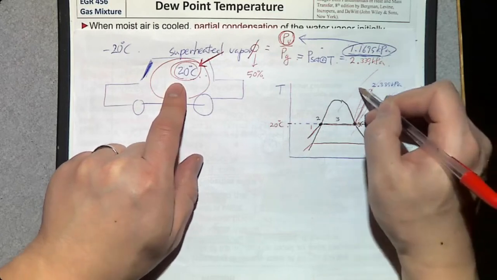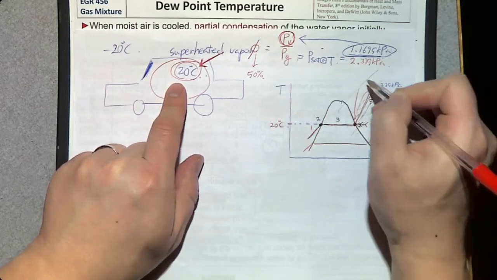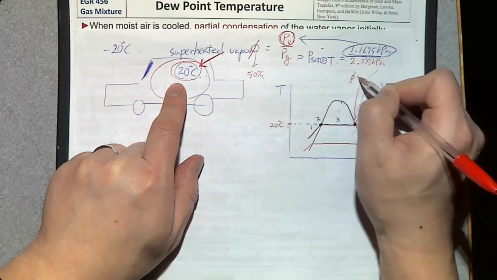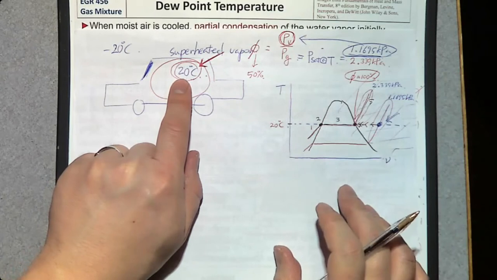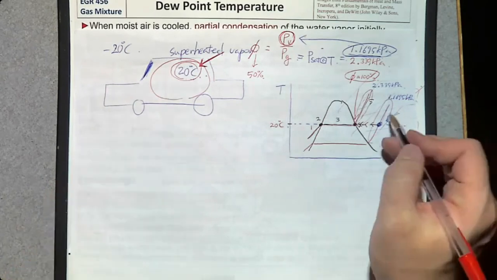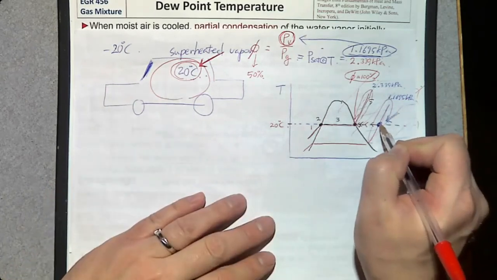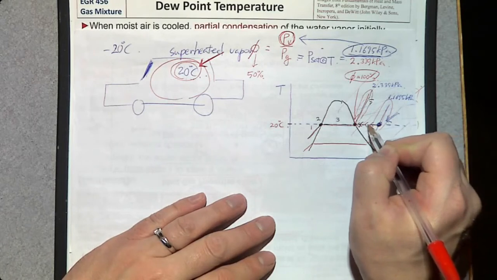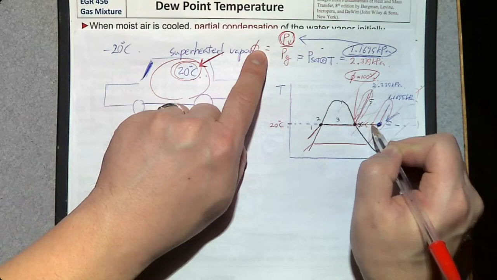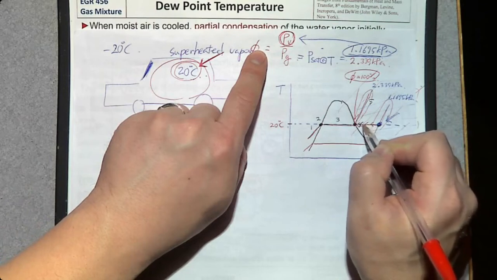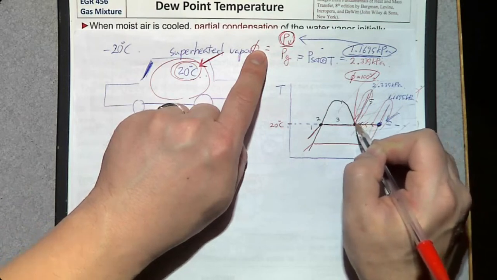So this is when relative humidity phi is going to be 100% at 20 degrees Celsius. If this point moves to the left, that means relative humidity phi goes up: 60, 70, 80, 90, and 100%.